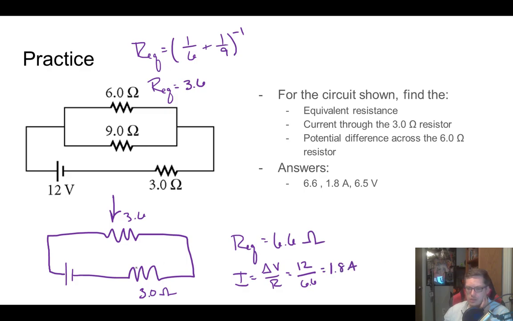That's easy enough. And we don't have to break that down any farther because he's just one resistor. If this was broken down into something that was parallel, we'd have to do something more, but we don't. All right. Then it says find the potential difference across the 6 ohm resistor. Well, we know that across these 2 resistors combined, okay, that the current is equal to, our I is equal to 1.8 amps. That's the funkiest 8 I've ever drawn.